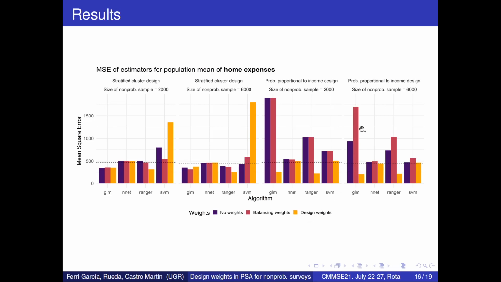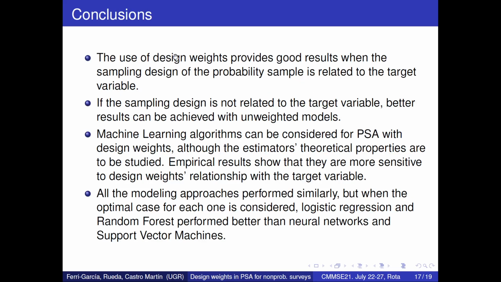Again, in the case where the probability sampling is proportional to the income, the inclusion of design weights in model fitting provides much more efficient estimators, especially again in the case of logistic regression and random forest. We can see that when using design weights, the mean square error is much smaller than the other two bars. In conclusion, the use of design weights provides good results when the sampling design of the probability sample is related to the target variable.